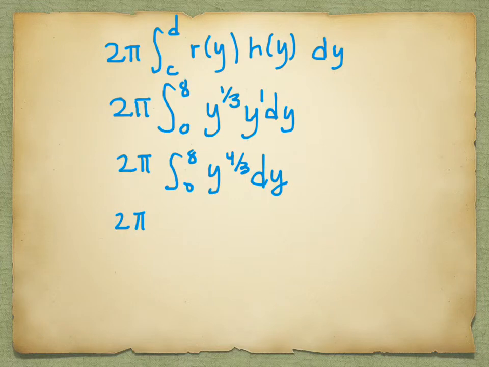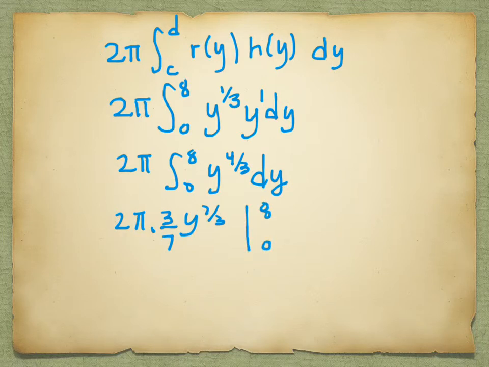Okay, so the y to the 4/3 becomes y to the 7/3, right? So we can either divide that then by 7/3, or we could multiply by 3/7. Everybody okay with that? It's just using fractions within that rule that you guys already know and use all the time.